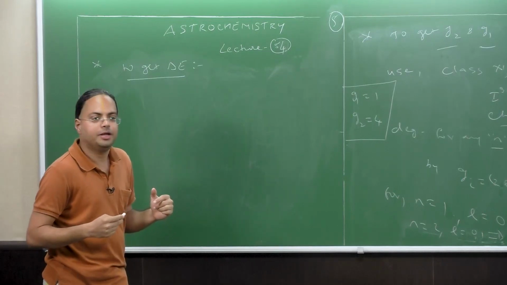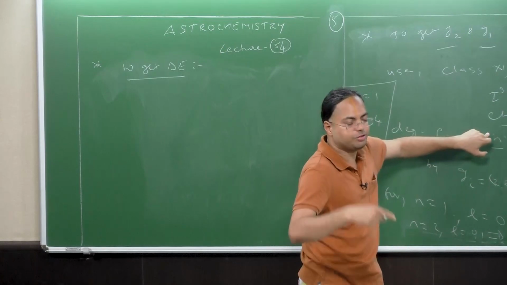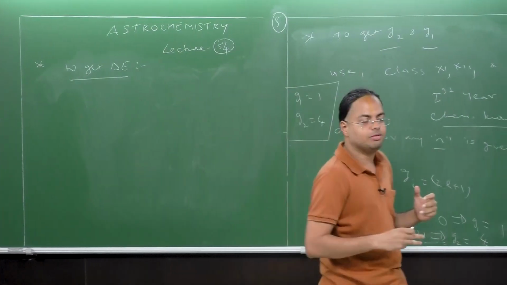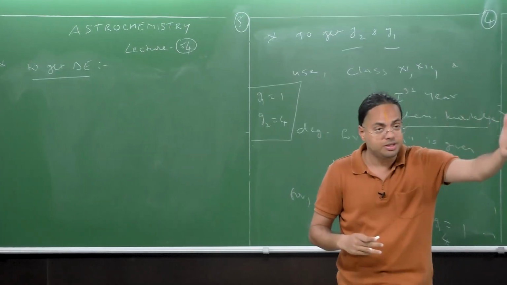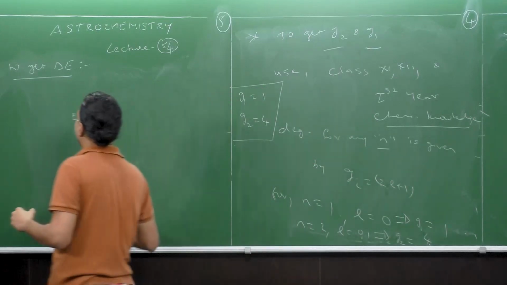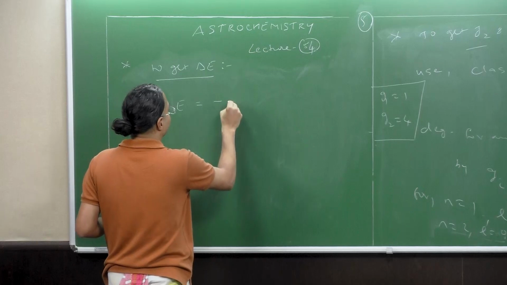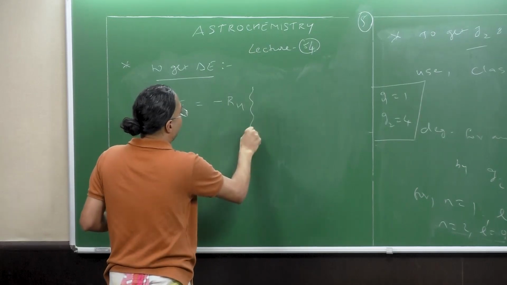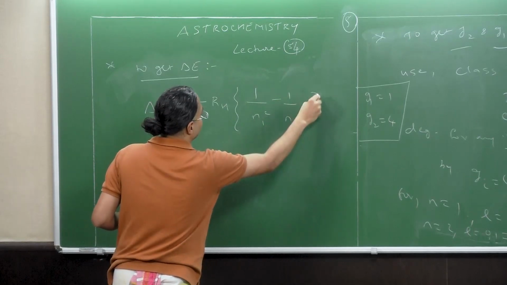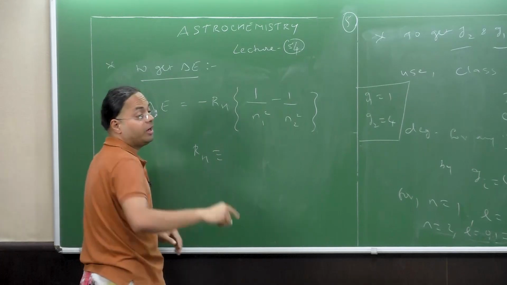Recall from your class 11, 12th and first year chemistry knowledge that whenever a hydrogen atom undergoes a transition, based on both Bohr's theory as well as quantum chemistry, delta E is given by negative RH times 1 by n1 square minus 1 by n2 square, where RH is the Rydberg constant.